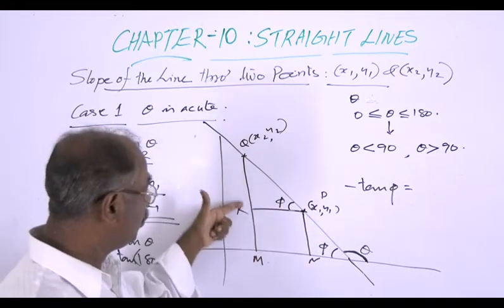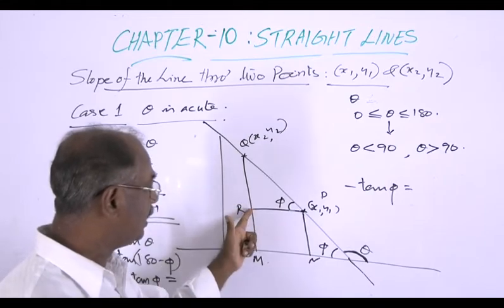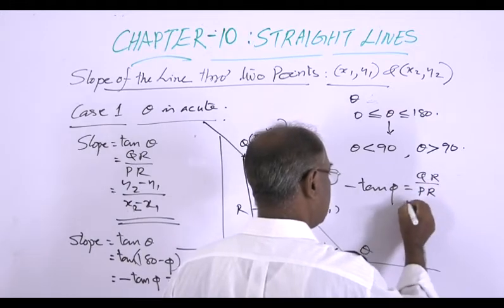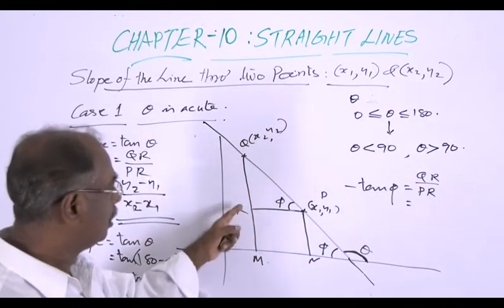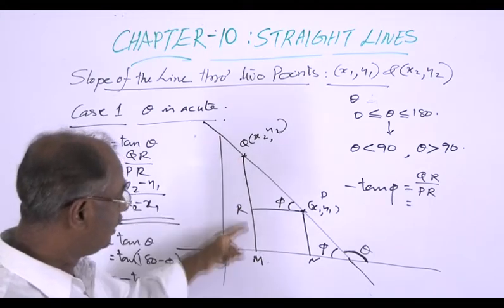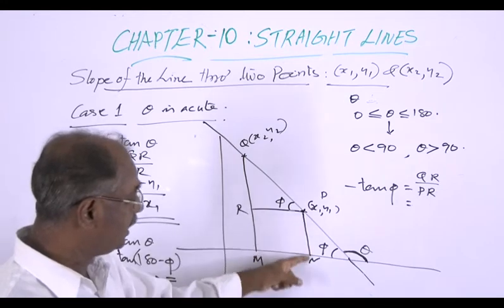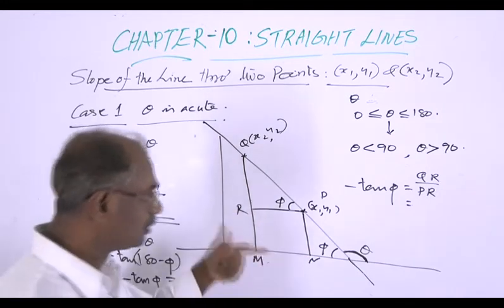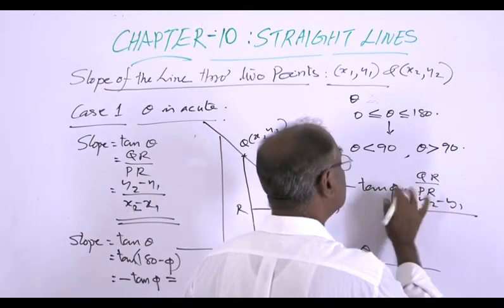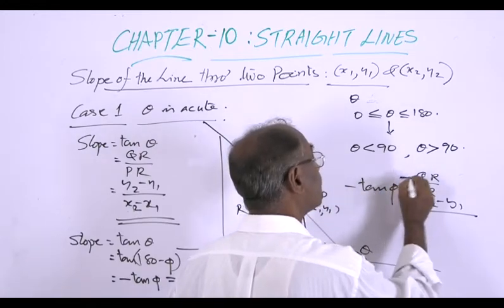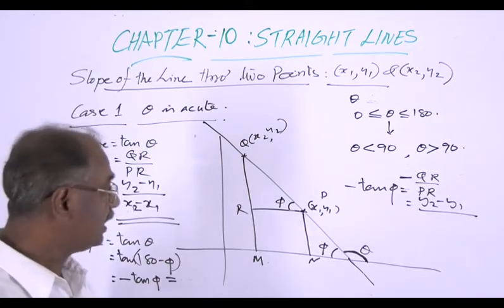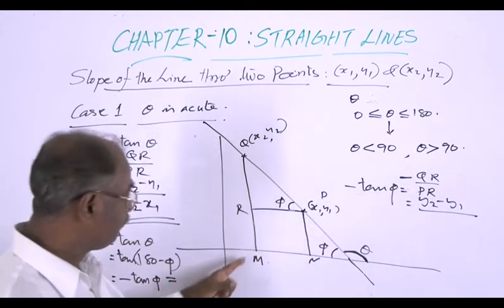Tan phi is equal to QR divided by PR. QR is QM minus RM. QM is y2, minus RM, which is PN, which is y1. So QR is y2 minus y1. So this is equal to minus tan phi, there is a minus here, y2 minus y1 divided by PR.